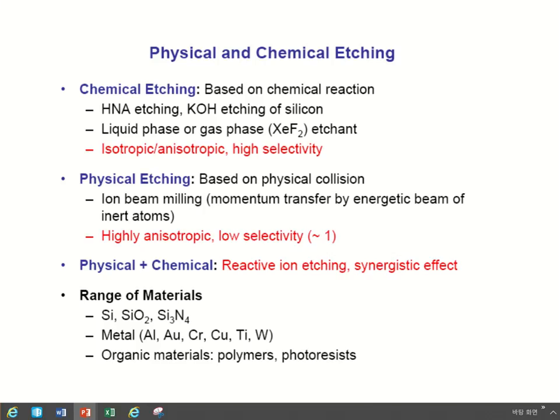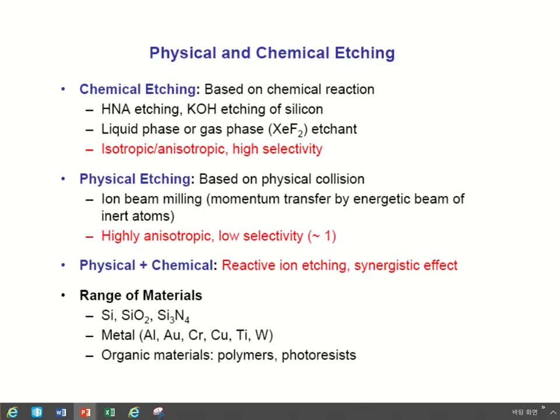If you want to have an isotropic etching, then you should go to the chemical etching, and then the selectivity is high. Sometimes the physical and chemical etching are used together, like RIE, reactive ion etching, so they are using both ways. It's kind of a synergetic effect.